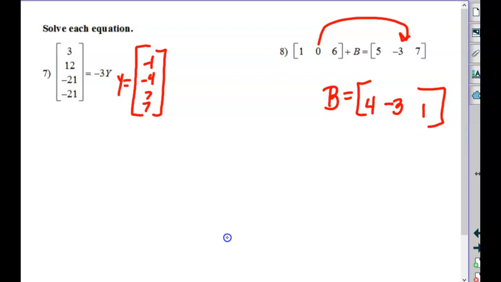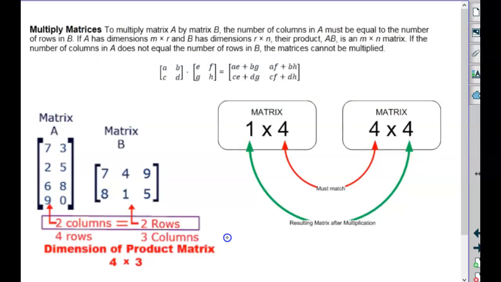Now, I hope you're awake because this next part is tricky. Multiplying matrices. In order to be able to multiply matrix A by matrix B, the number of columns in A must be equal to the number of rows in B. Do you remember the woodworking question a minute ago?